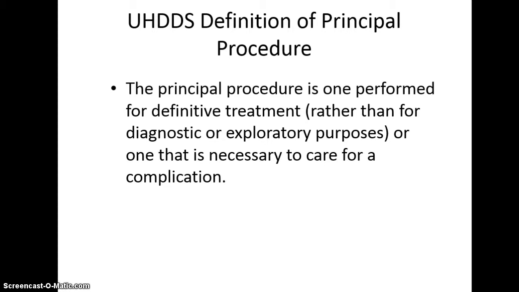For an example, repair of a retinal detachment generally occurs as a result of a retinal detachment. So that would be a corresponding or a comparable principal procedure and principal diagnosis. But what if we have an individual who was admitted for pneumonia of the right lung, but the principal procedure, the most surgical, most complex procedure, was an open reduction of an internal fixation for a fracture?